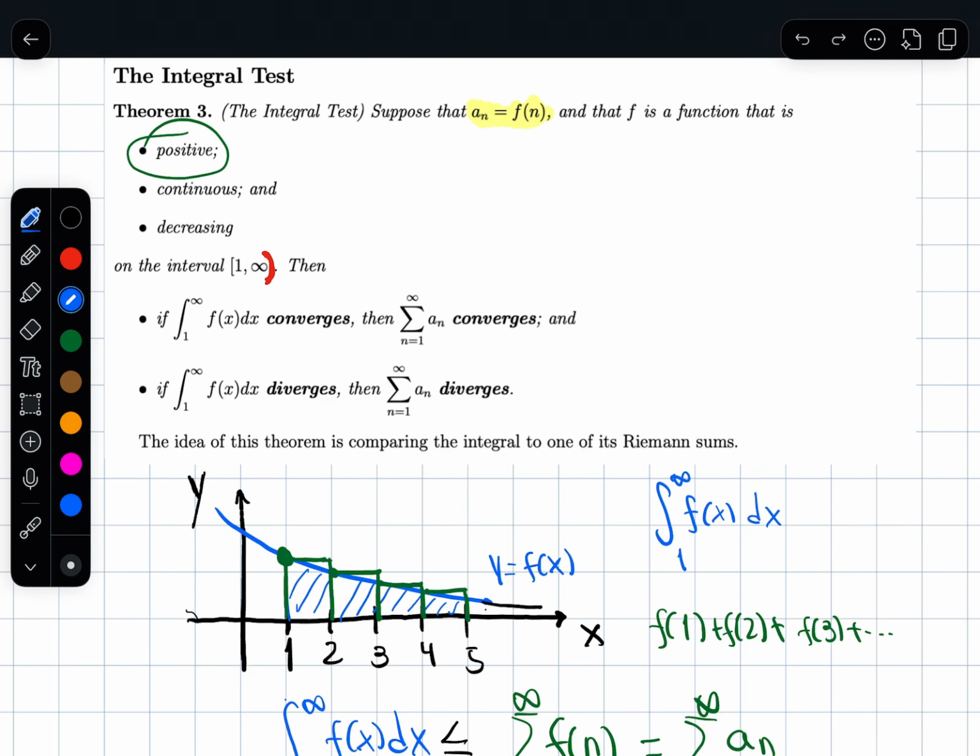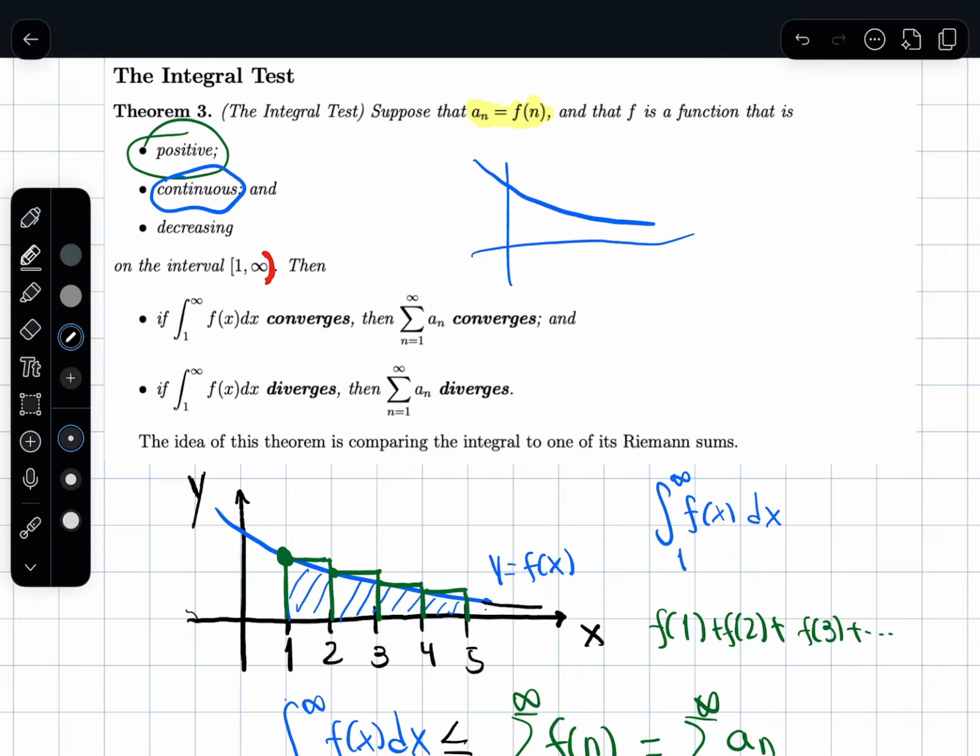So you can't really have the function change signs, become positive or negative. Also, your function needs to be continuous. This is important, so we're going to have to check each of those, because you don't want your function jumping. Let's say you have a very neat function that you'd like to think about with this test, but unfortunately the holes of the function, if it's not continuous, happen exactly at the integers.